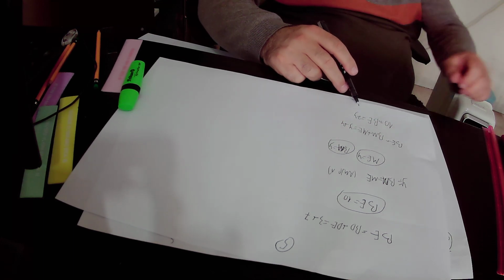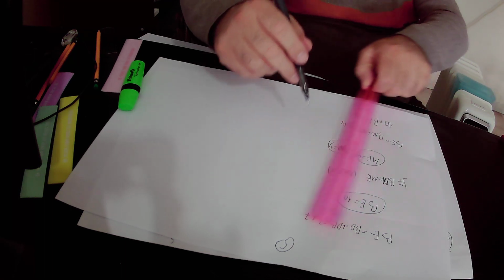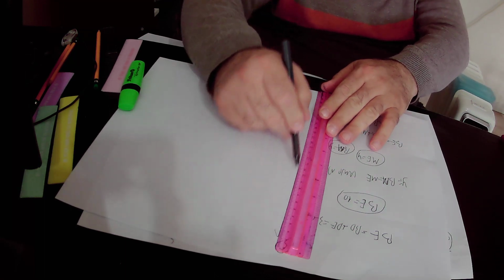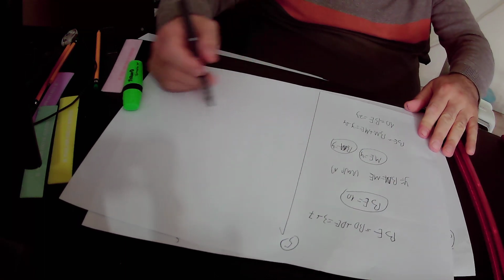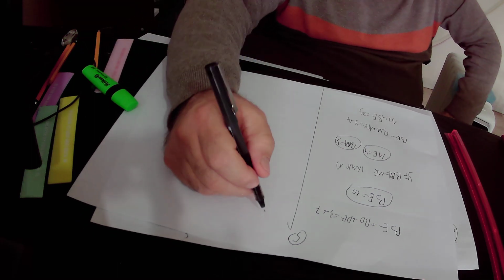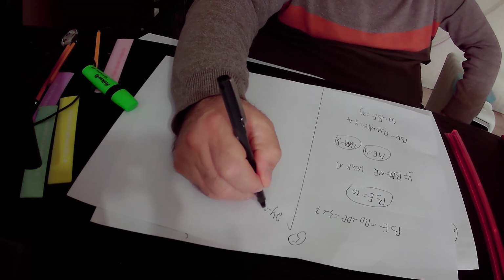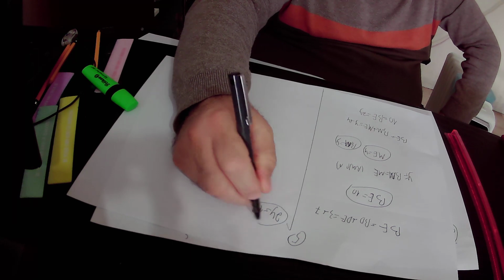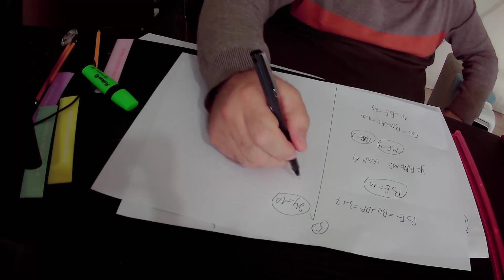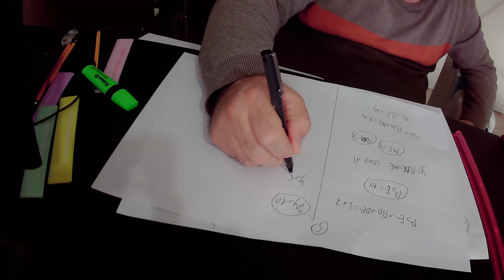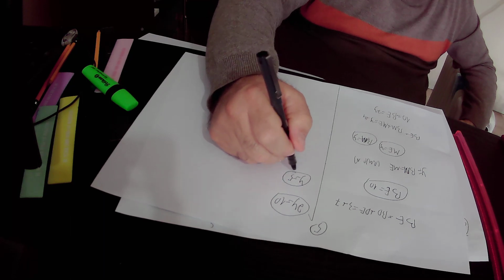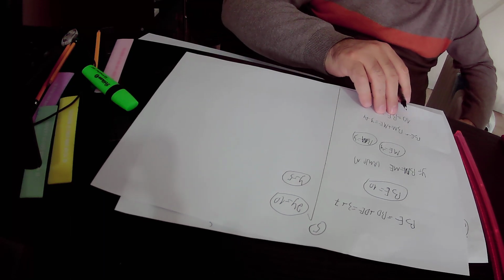So from this equation, 2Y equals 10. Here we divide this equation by 2 and we get that Y equals 5 units.